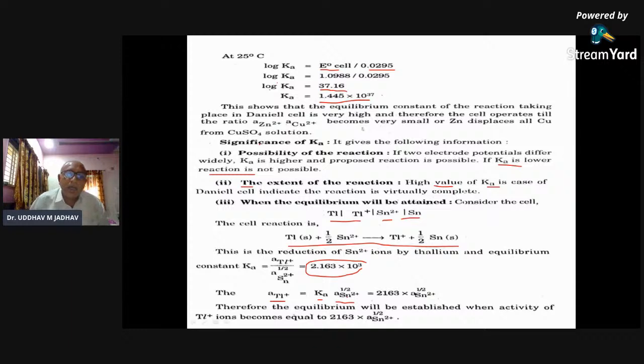याचाच अर्थ असा झाला की ही रिॲक्शन इक्विलिब्रियम स्टेजला जाण्यासाठी आपल्याला Ti चं कॉन्सन्ट्रेशन किंवा ऍक्टिव्हिटी किती घ्यायला पाहिजे हे सुद्धा आपल्याला ठरवता येतं.